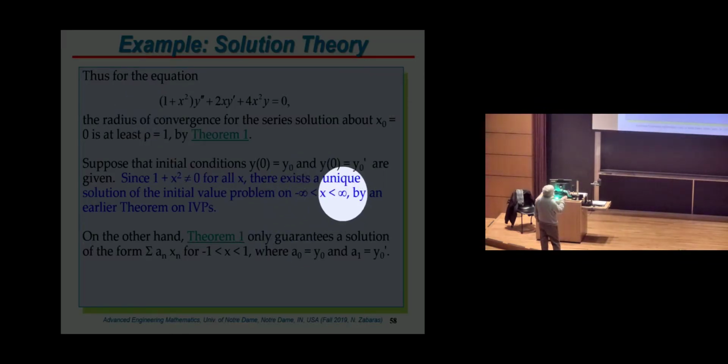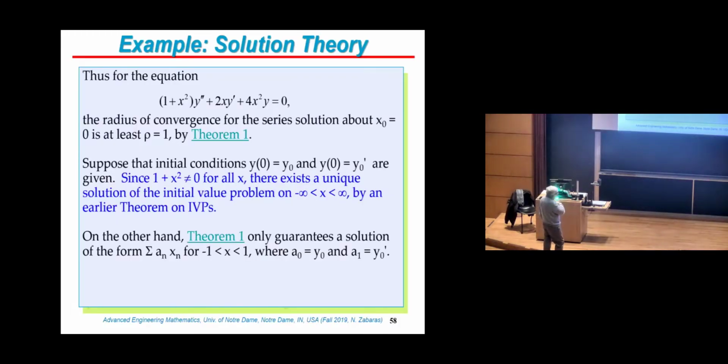So basically, if you have this equation and these initial conditions, because this is not equal to 0 for any x, then there is a solution for all possible x's.